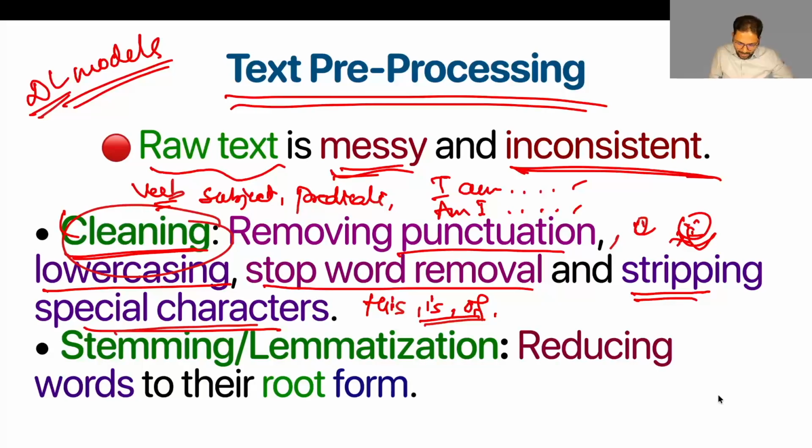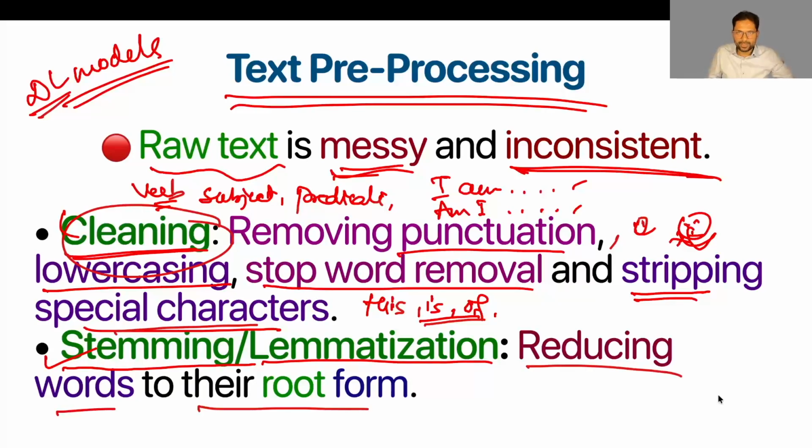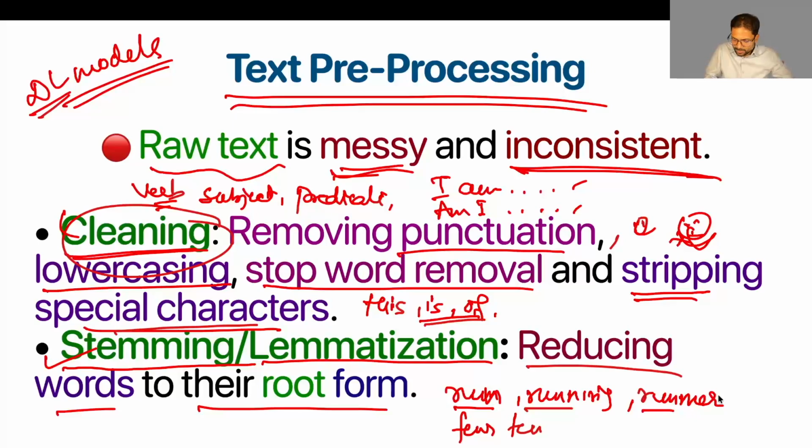Cleaning. Then we do stemming and lemmatization, which I'll explain later. This means reducing words to the root form. Words like run, running, runner, all these are the same word. At the root there is only run. Similarly, few, fewer, fewest, and new, newer, newest.